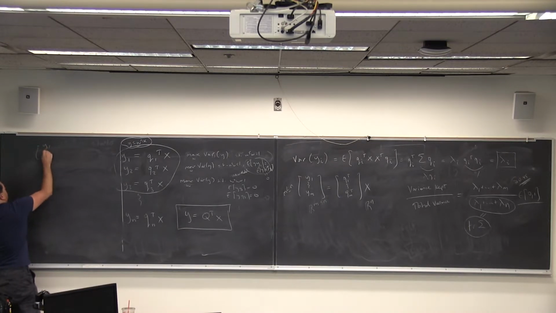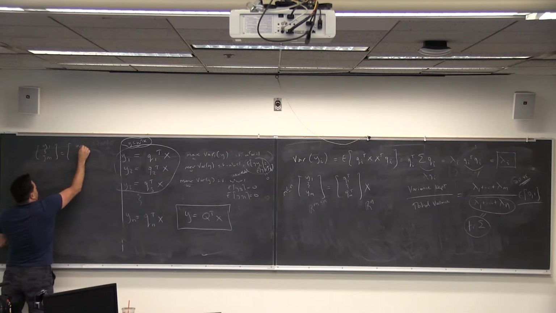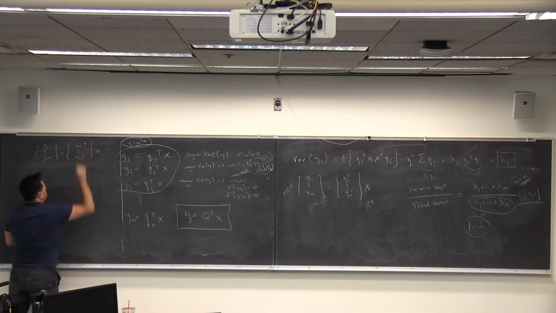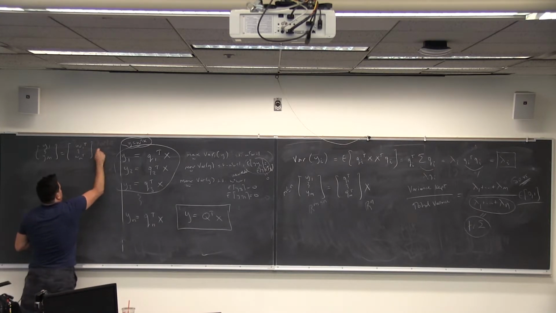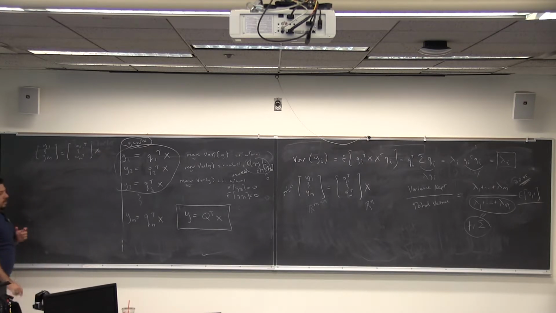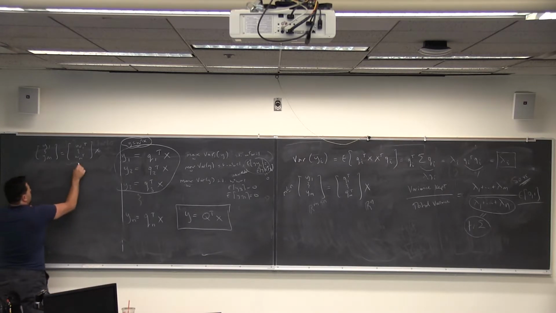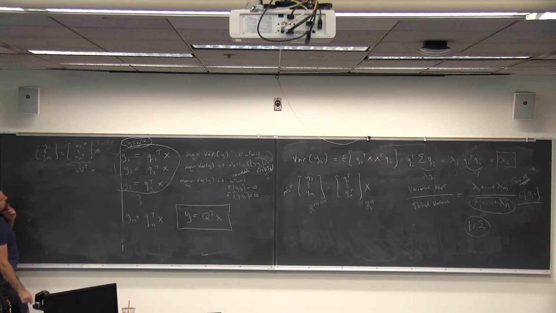So I want to find y1 to ym, which is equal to w1 transpose to wm transpose x. Okay, so I want to find a linear projection with m vectors. Again, assume this x is zero mean with a covariance sigma. So I'll call this matrix W transpose, so W has m columns, n rows.